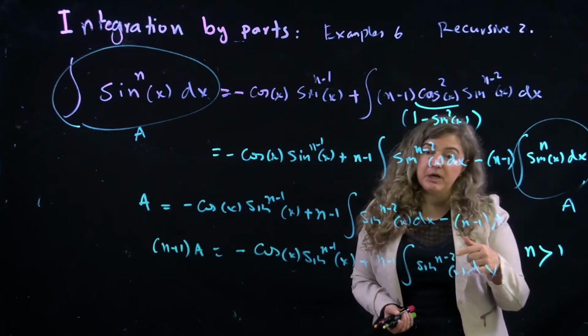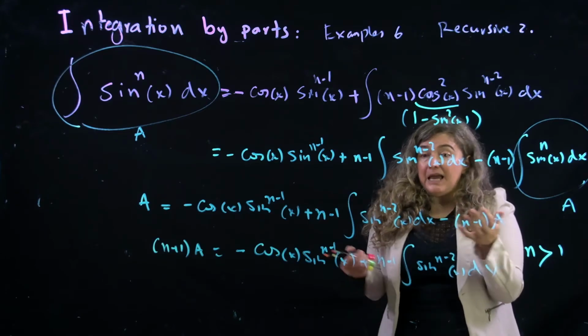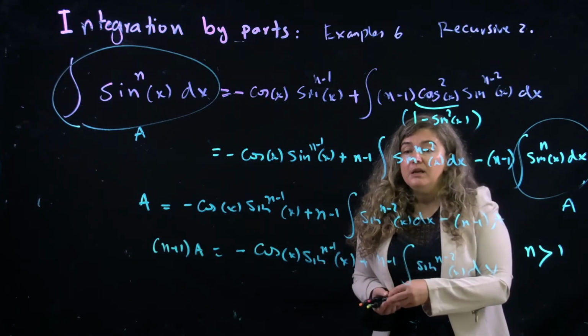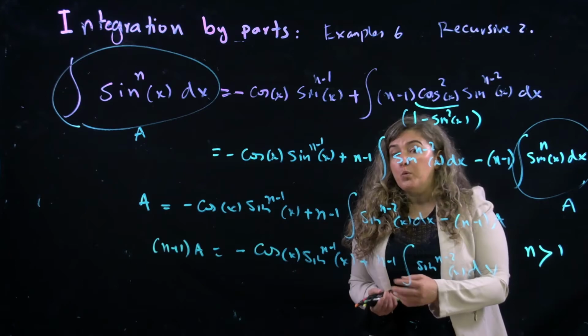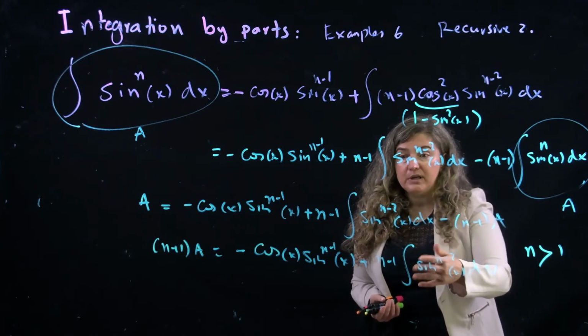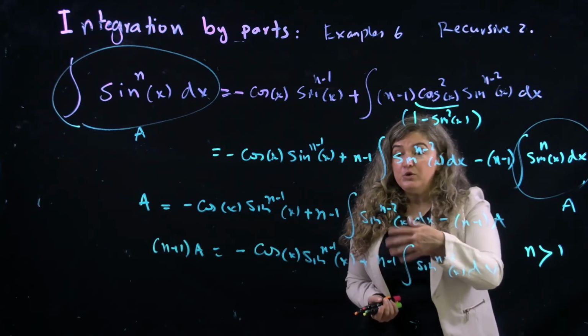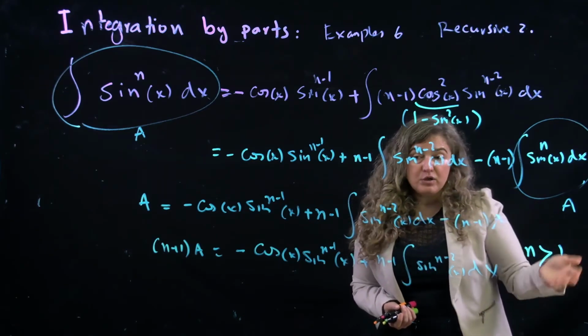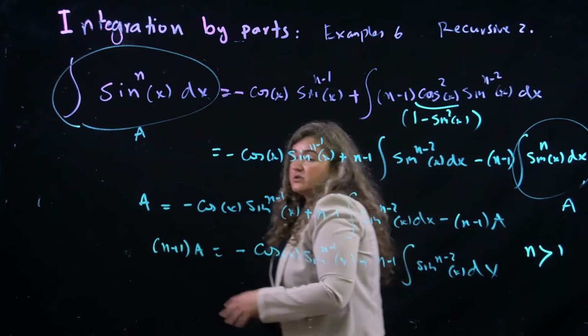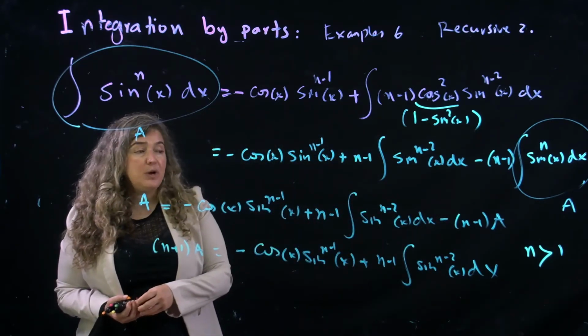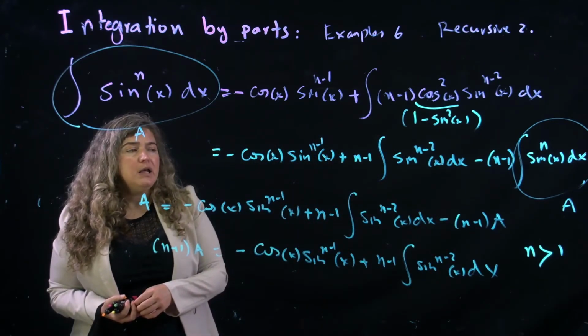Because we're decreasing by 2, n mod 2 is going to be 0 or 1 at some point. What you're left with eventually will be either 0 or 1. So if you do it a few times, you end up with 0 or 1.